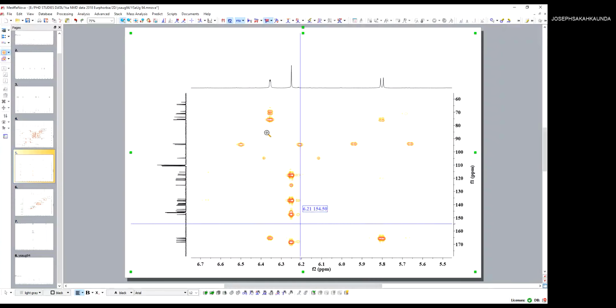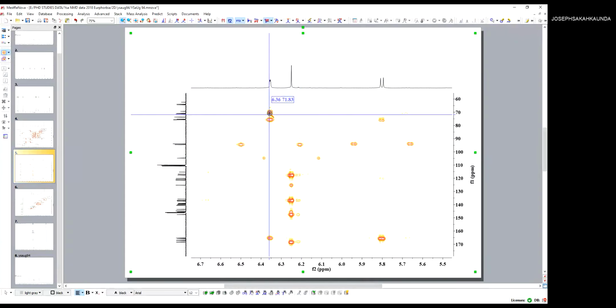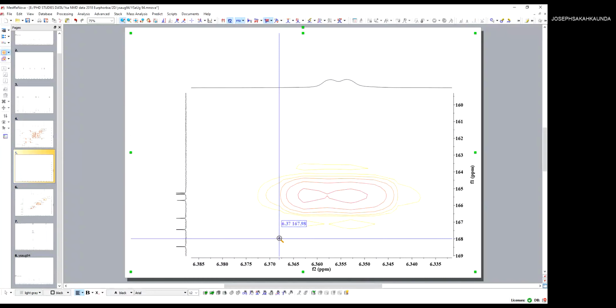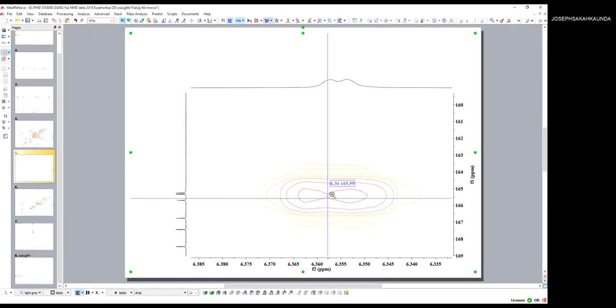It is now expanded. This is the proton, 6.36. You can see it correlates with this other carbon, but these carbons are on the glucose. And then there's a carbon down here. What value does it appear around? 165.4. So it means glucose 1.